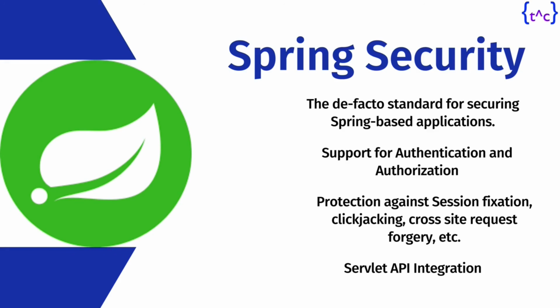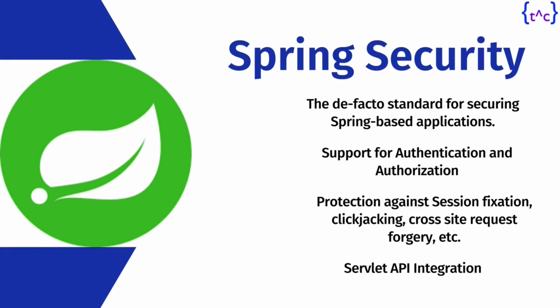Here are some key features which I am displaying on the screen for your ready reference. I'll just quickly read out the Spring Security key features for you. It is the de facto standard for securing Spring Boot applications, or rather Spring based applications. It provides powerful support for authentication and authorization.